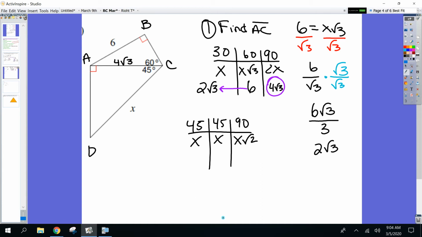It's across from the 45, yep. And not that I needed to know, but what's across from the other 45? I need to know the side across from 90, right? So I need to take the x, which is 4 radical 3, and do what with it? Multiply it by... We going hardcore, aren't we? Yeah, we are. Four radical.